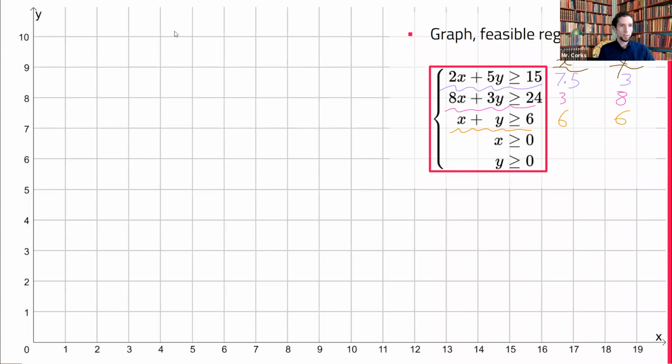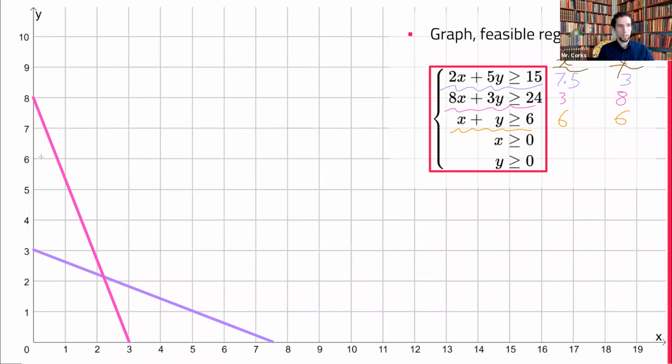Okay, let's graph and see what sort of shape we get here. So Y of 3 and X of 7.5. That will give us this. Our next one, pink at 8 and 3 here.